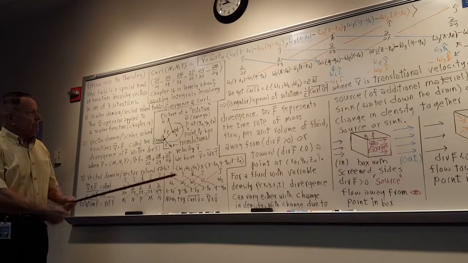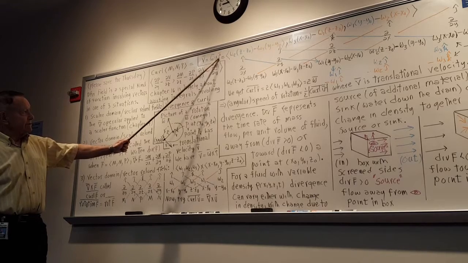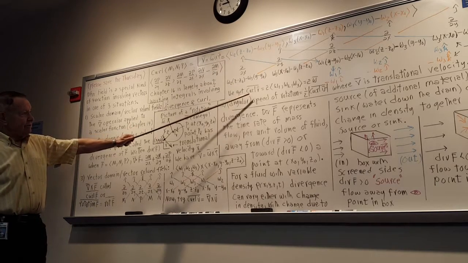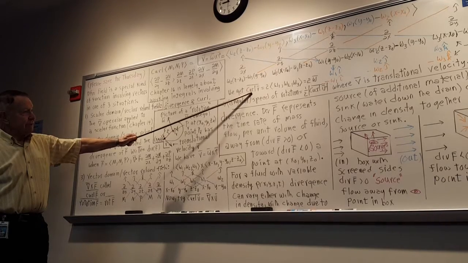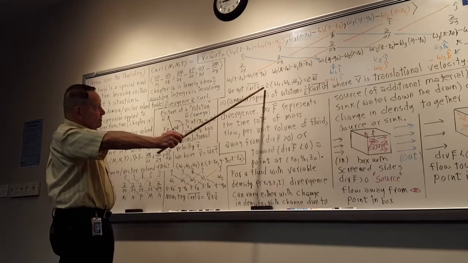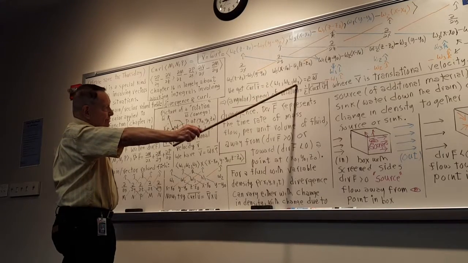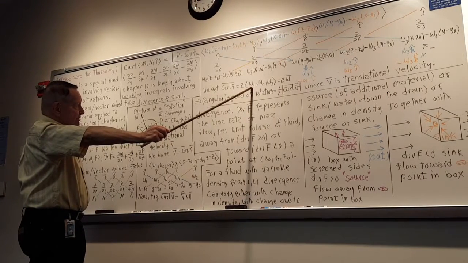So now, if this is V, defined as this cross product, do curl V, and I will show you that what you get is twice the rotational vector omega.